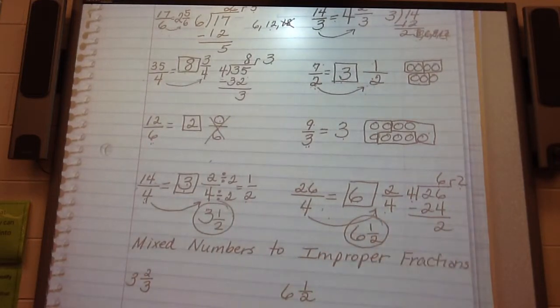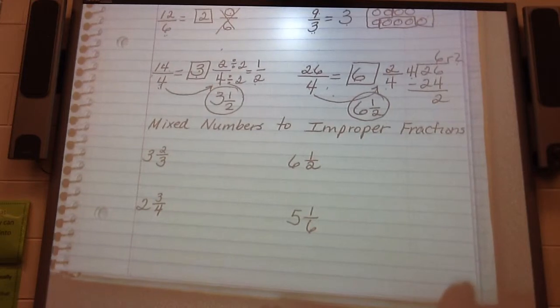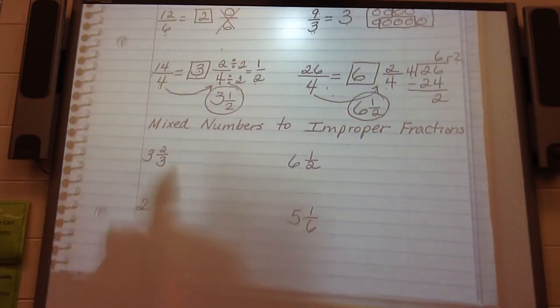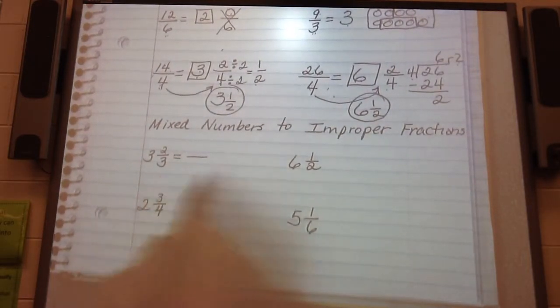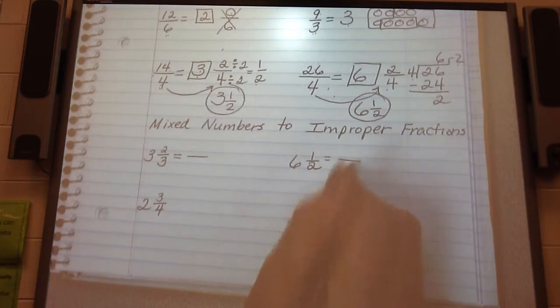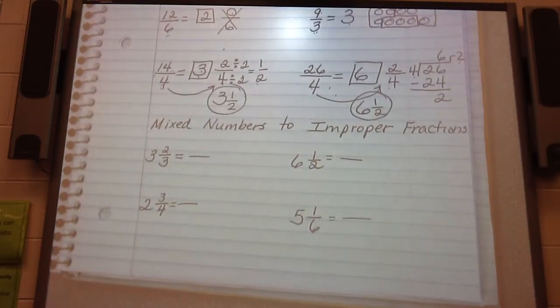There we are. Now in doing mixed numbers to improper fractions, a little different. This time, we're going to do 2 processes to find the answer with 1 extra little step. Now we're turning this into a fraction. So in each case, there is going to need to be a fraction bar. There will not be a whole number. And we're going to do multiplication and then addition.